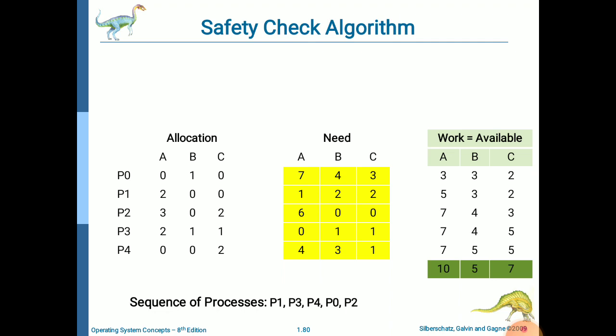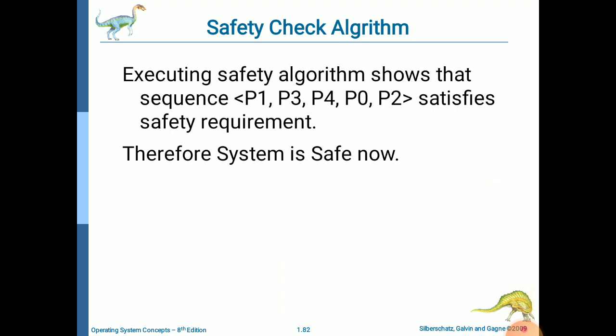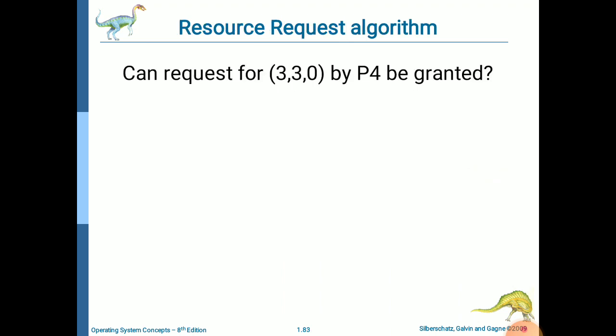All the processes are executed, so the system is in a safe state. No problem with the safe sequence. Executing the safety algorithm shows that the sequence P1, P3, P4, P0, P2 satisfies the safety requirement. Therefore, the system is in a safe state.